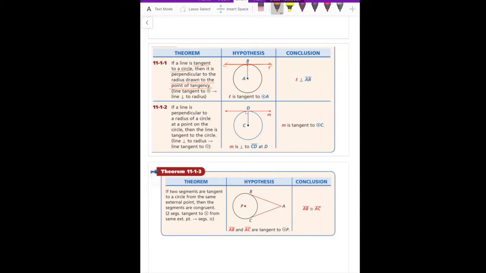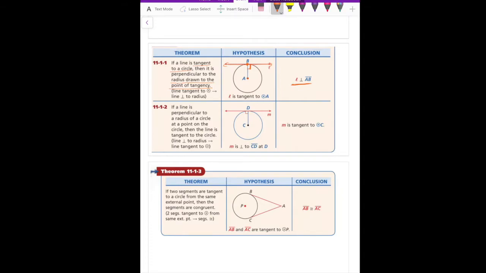The radius and the tangent will make a right angle, or they are perpendicular to each other. So L is a tangent of circle A and L is perpendicular to segment AB.